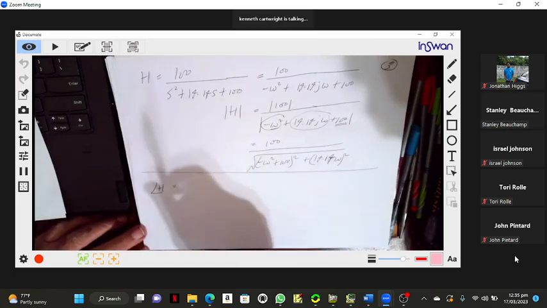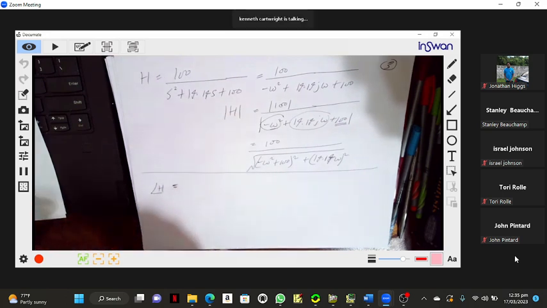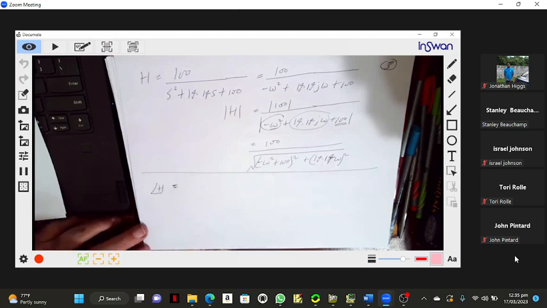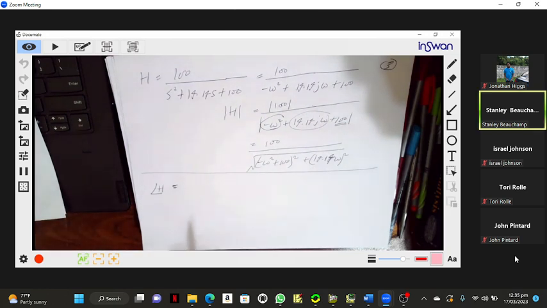Tell me. I'm not going to wait for you to send it to me because that's taking up too much time right now. What's the angle of H? Can I send you that? Yes, but I want you to tell me. The angle of the top minus the angle of the bottom.